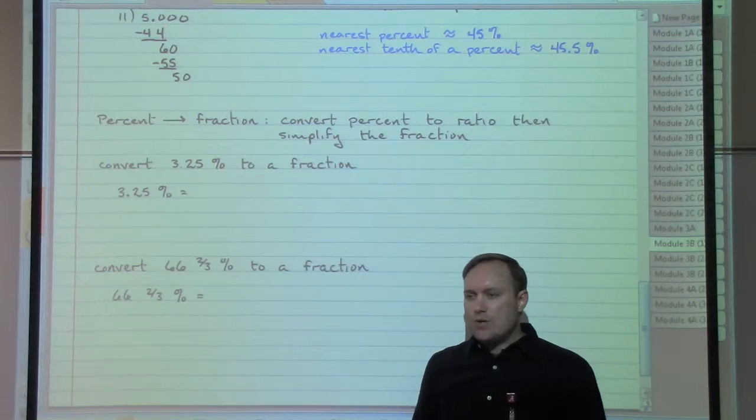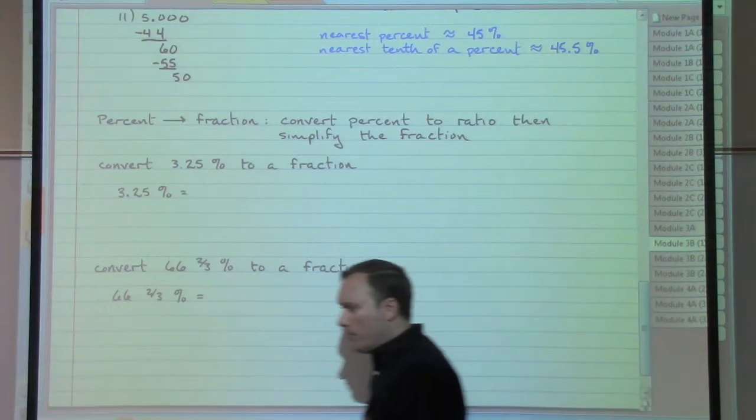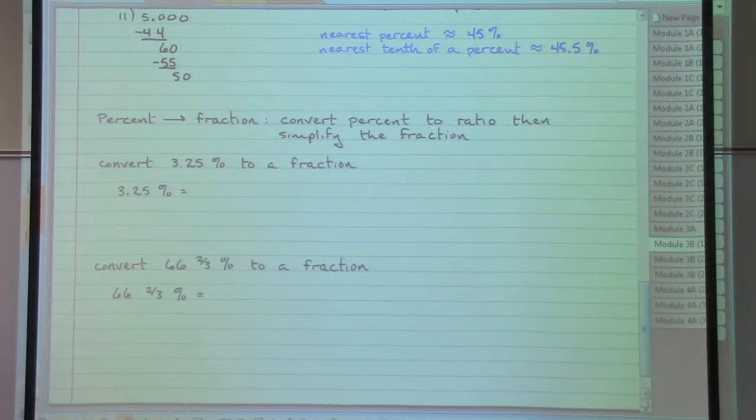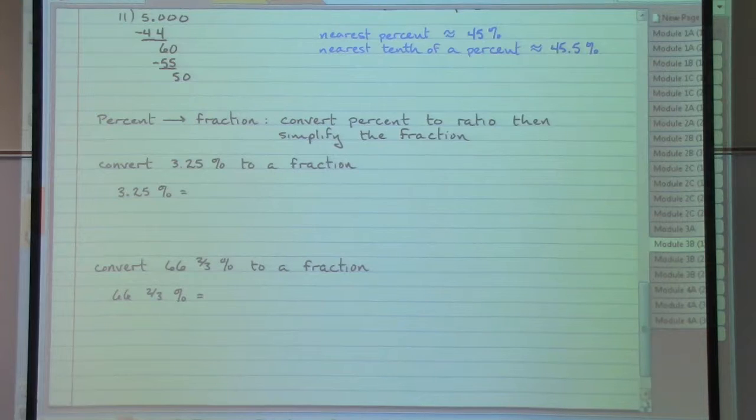Now I say that we're going to use that ratio idea either at the very beginning or somewhere in the middle because that kind of depends on what they gave me to start out with. Let's take a look at these two examples here so you can see kind of what I'm getting at. The first example, 3.25%. Well, 3.25 is a nice, comfortable sort of number for us.